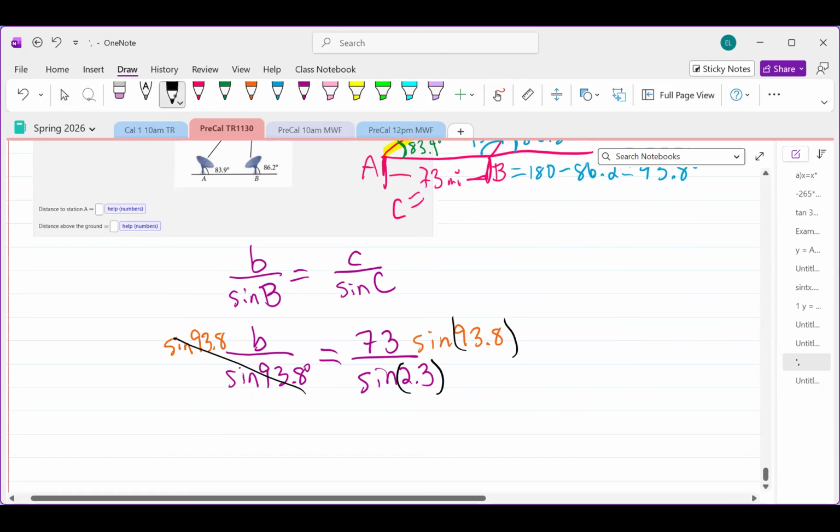Multiply by that sine of 93.8. So now we can calculate our B.